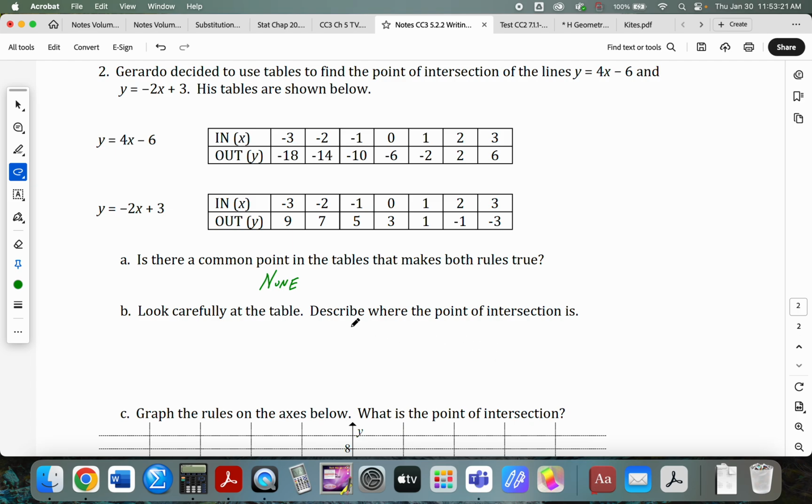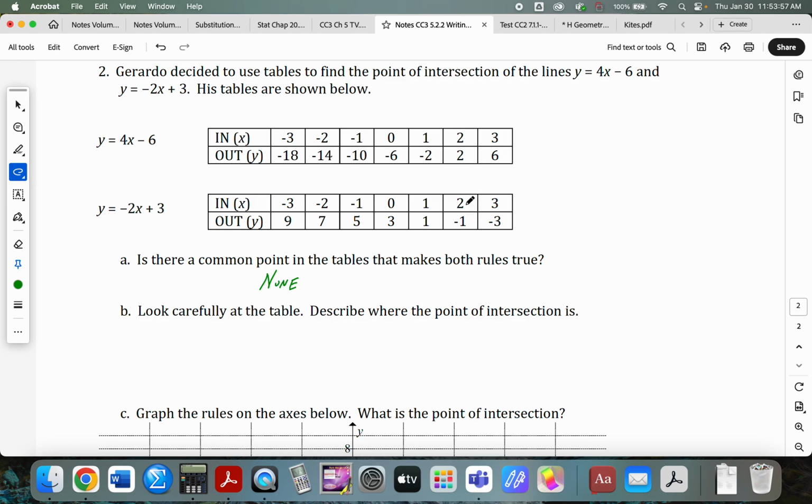There's not a single value in the top table that's exactly the same as it is in the bottom table. Now, let's see if we can describe where the point of intersection is going to be. When I start at negative 3, the second y value is bigger than the first y value, right? And that stays the same through negative 2, negative 1, 0 and 1. But where does it switch?